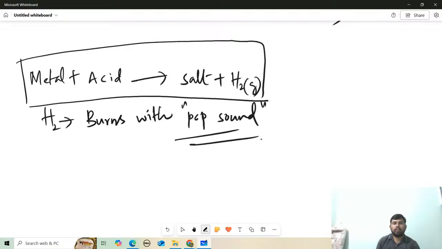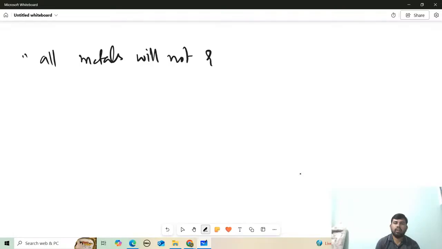Now, metal plus base. They give an example here. Remember, generally all metals do not react with bases, because there is no such condition to react.